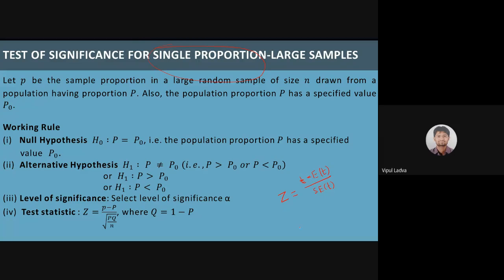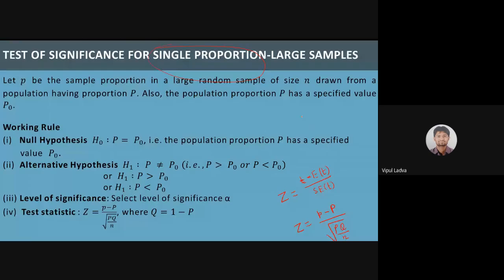So in this case, Z will have the formula: sample proportion minus population proportion divided by its standard error, that will be the square root of P into capital Q divided by small n, where n is the sample size. Now, small p, do we know what it is? This relates to the sample proportion, and capital P is the population proportion. And what is that Q?